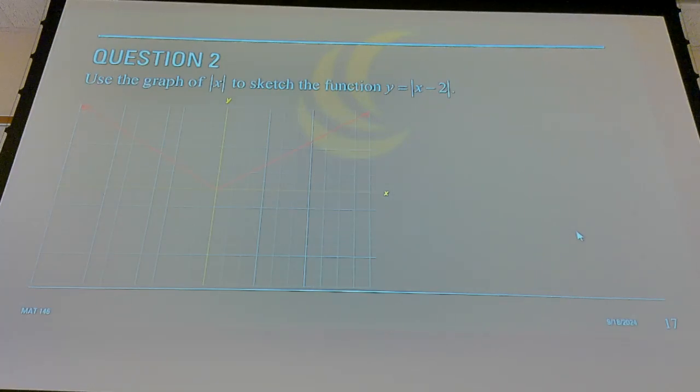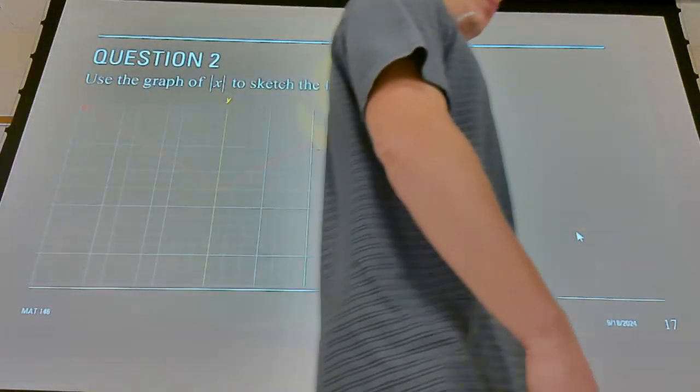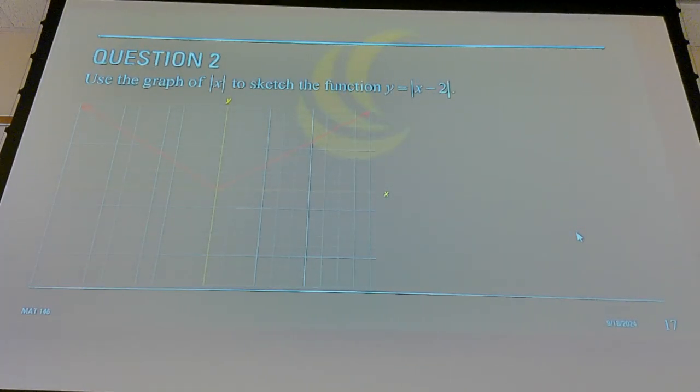What did you see translated on the x-axis? To the left? Not to the left. To the right. And remember, it's the opposite of what you would think, because you're affecting the input, not the output. And so the new vertex would be there.